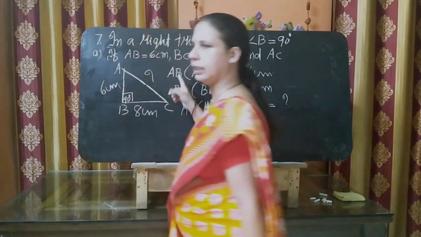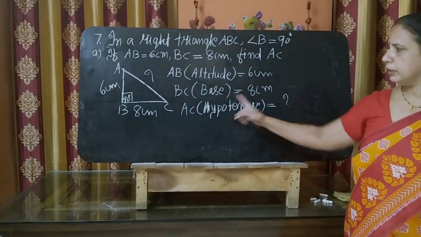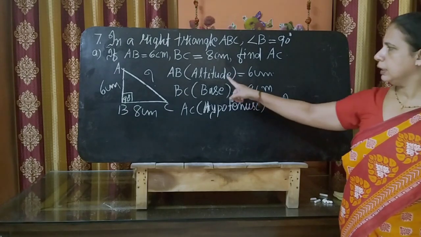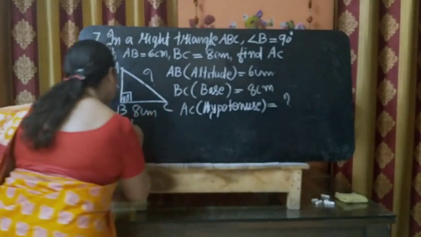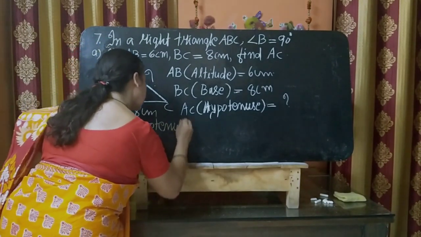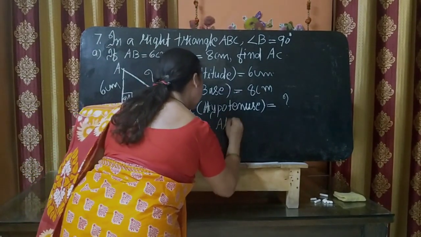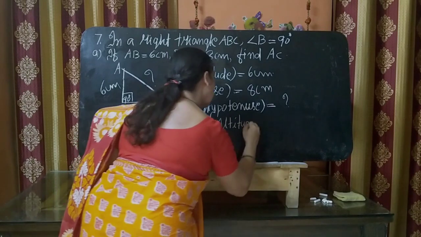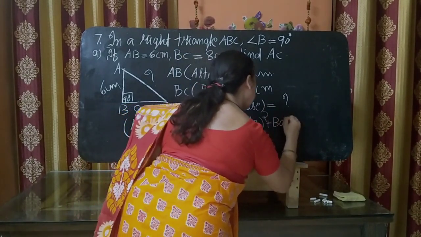According to Pythagoras theorem, what is the formula for finding the hypotenuse square? Hypotenuse square equals altitude square plus base square.